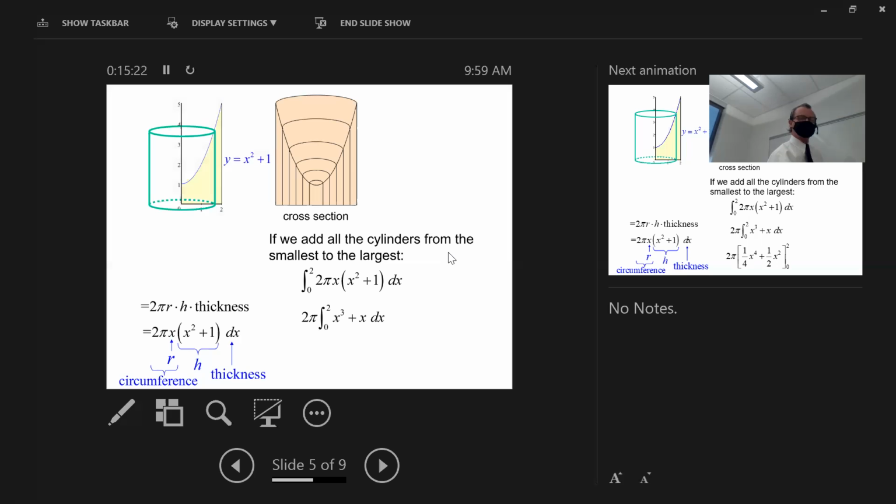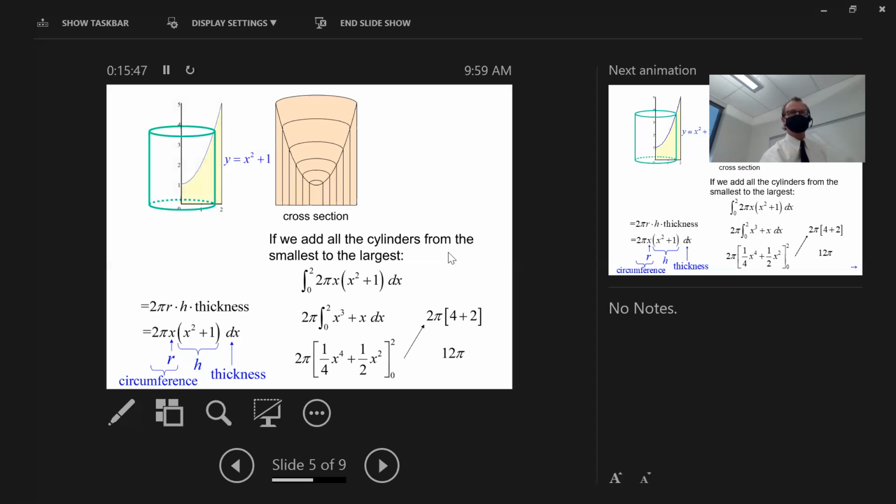Ready, bring the 2 pi out, it's a constant, distribute the x over what's in the parentheses, then anti-differentiate doing the power rule in reverse, evaluate that, 0 to 2, the zeros are going to give you 0. The 2 gives you 2 to the 4th, which is 16 times 1/4 is 4. 2 squared is 4 times 1/2 is 2.